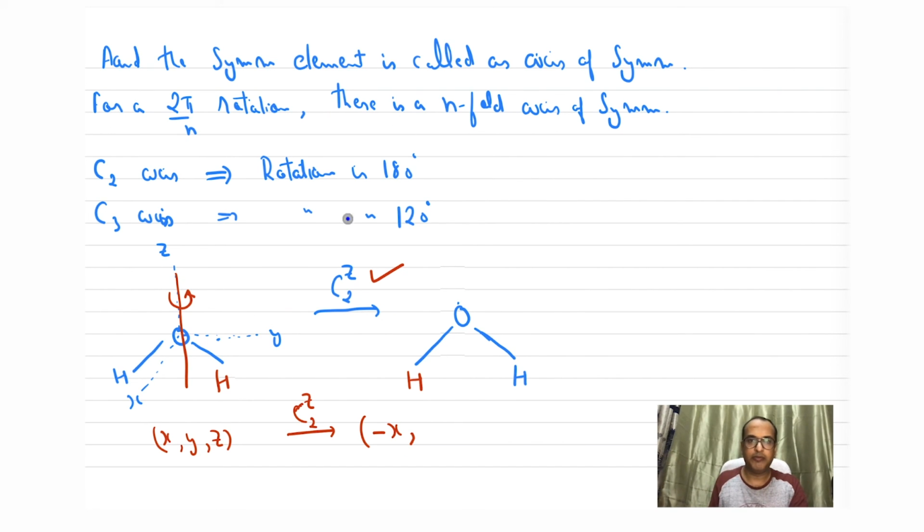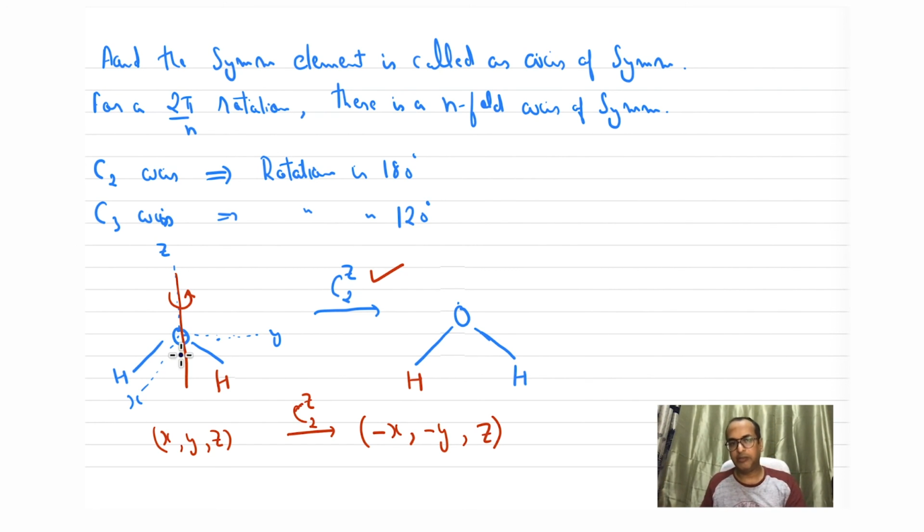So x becomes minus x, y becomes minus y, and z remains as z. Z did not change, because it is C2Z, so the z axis remains at its own position, because the z axis is collinear with the C2 axis.